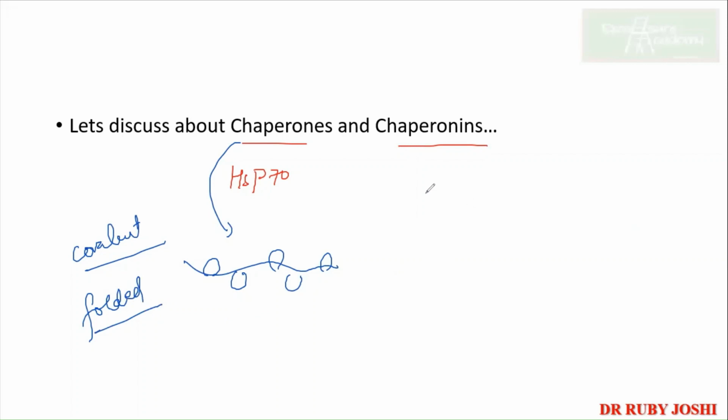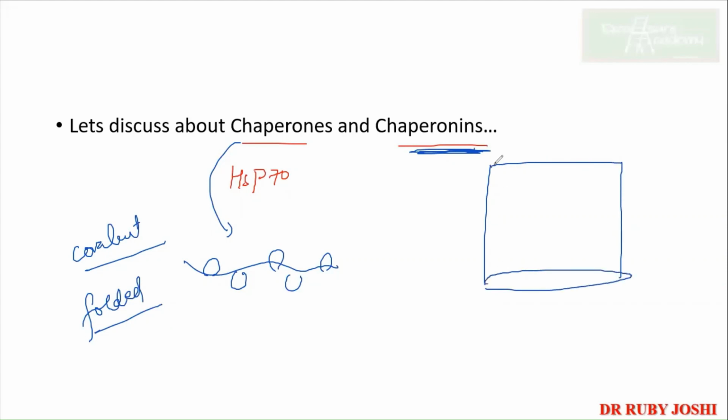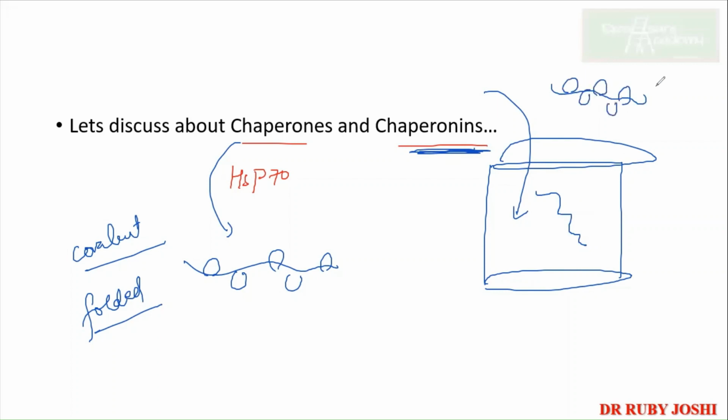Now coming to the chaperonins. Chaperonins provide an environment in which the protein gets folded. For example, they are like a big hollow protein subunit into which the protein goes inside. Here, what will happen is, like this protein, this is HSP, some HSP90 is there.